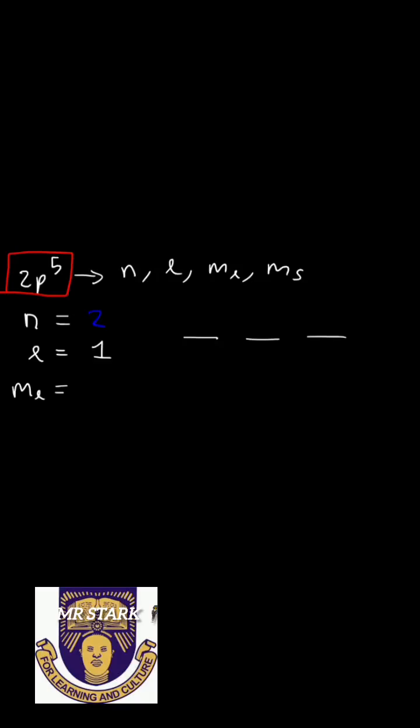Now because L is 1, mL is going to vary between -1 and 1. Now we need to focus on the 5th electron in the p sublevel. So here's the first one, the second, the third, the 4th, and the 5th. So the 5th electron is found in this orbital, which has an mL value of 0. Now the electron spin, based on what we have here, we have a down arrow, so the spin is -1/2.